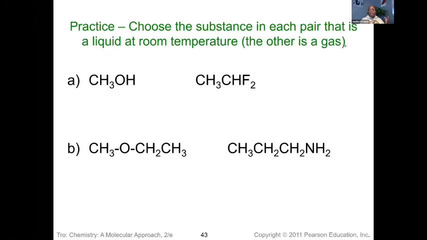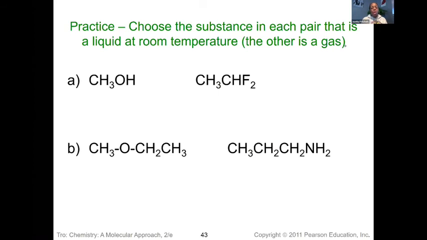We could also do direct comparison, trying to predict which of these would be liquid at room temperature. Again, if we look at our methanol example versus CH3CHF2, think about what the actual structure looks like. Is this polar, non-polar? While they're both polar, your methanol has hydrogen bonding. And so we would expect that to be our liquid, the one on the left.